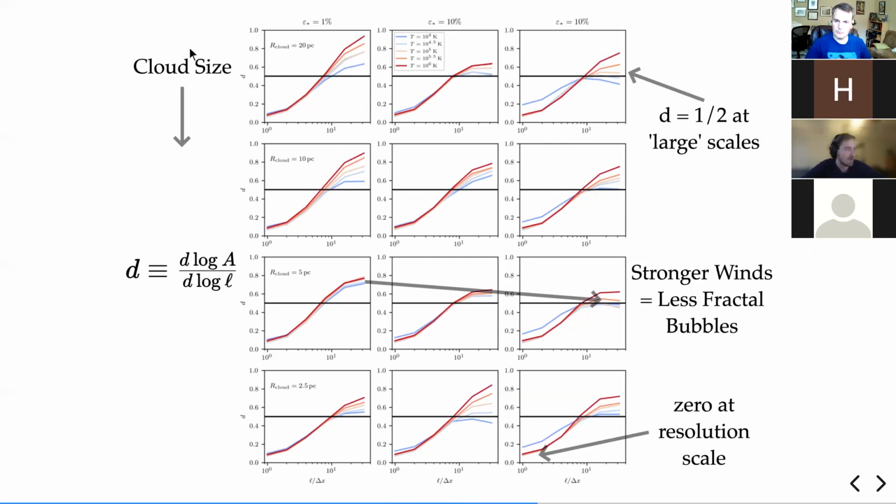I think the main thing that could easily affect this excess fractal dimension is the structure of the turbulence and how much structure you've put into that turbulence. We've put in things that we think are reasonable for a turbulent molecular cloud, but there are other reasonable things that you could put into the background in terms of the density structure.